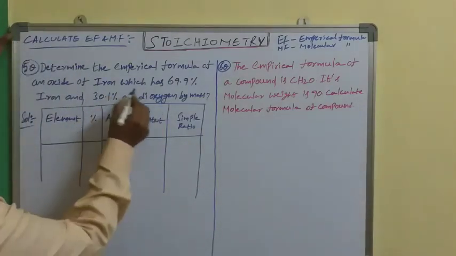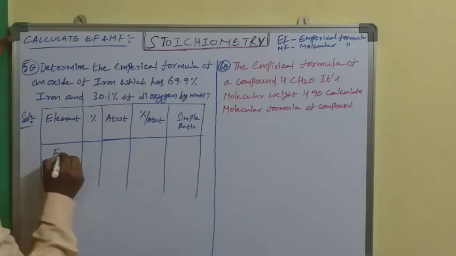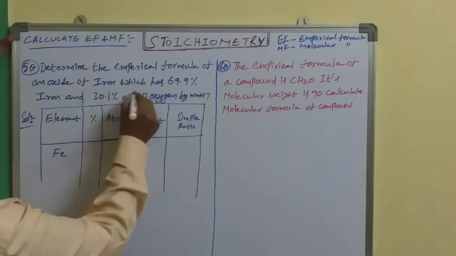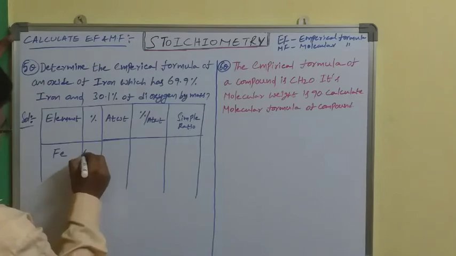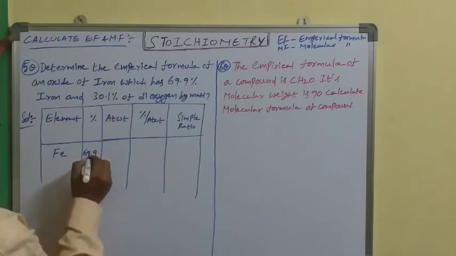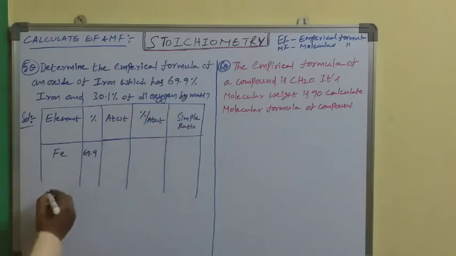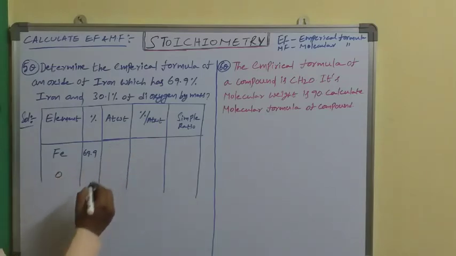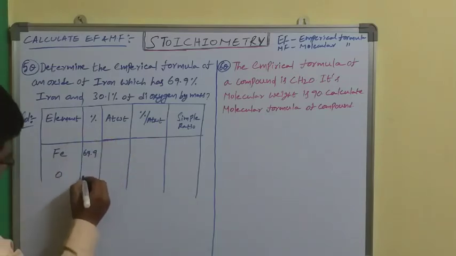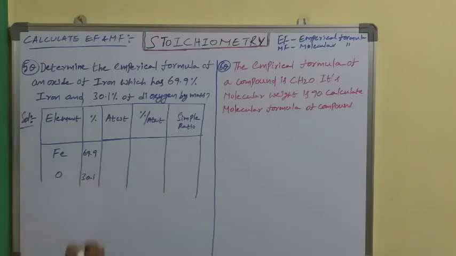See here, iron. What is the percentage of iron? 69.9% is given. Dioxygen means oxygen only. How much is given? 30.1%.